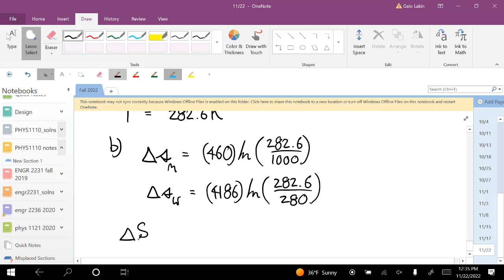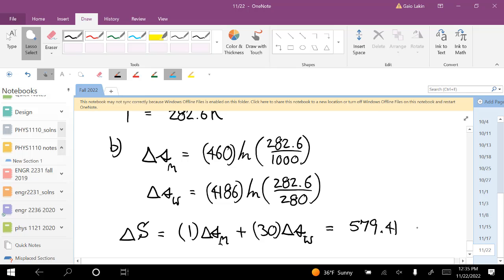So the change in extensive entropy is 1, because there's 1 kilogram of the metal, times delta S for the metal, plus 30, because there's 30 kilograms of the water, times the change in specific entropy for the water. And you come up with a change in entropy of 579.41 joules per Kelvin.